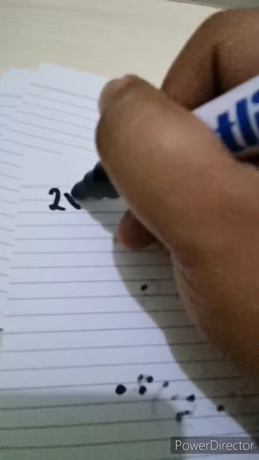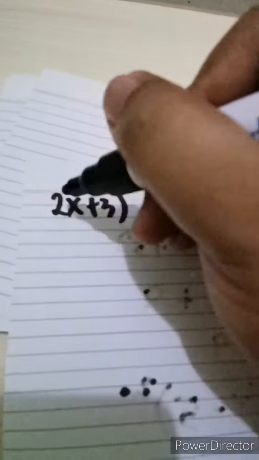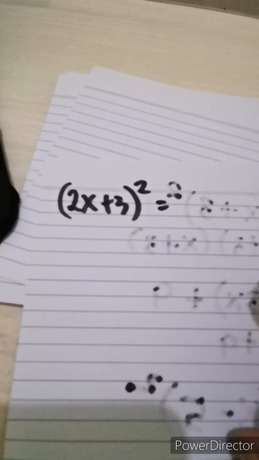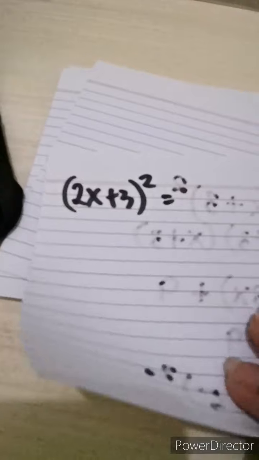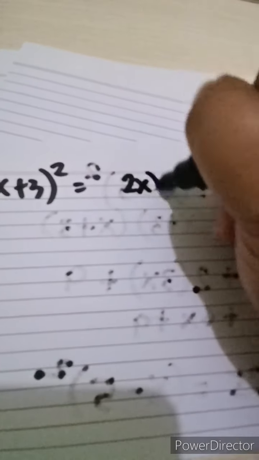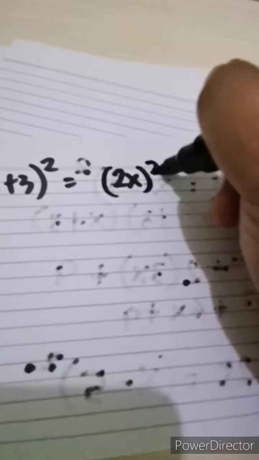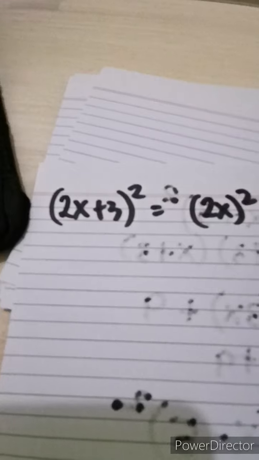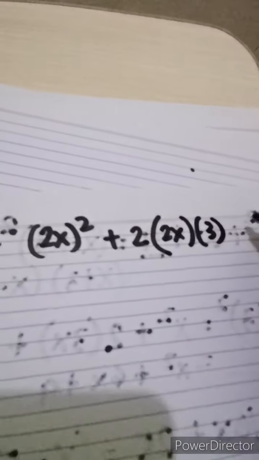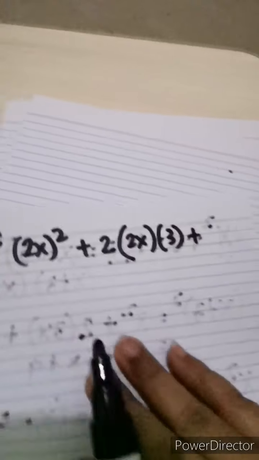Okay, another, try natin. Halimbawa naman, 2x plus 3 squared. Halimbawa, dito muna given tayo. So, para makuha natin kung ano yung kanyang trinomial, gawin muna natin yung square ng binomial. So, we have 2x squared plus 2 times, ano yung number? So, we have 2x at saka 3 plus, ano yung last term natin?